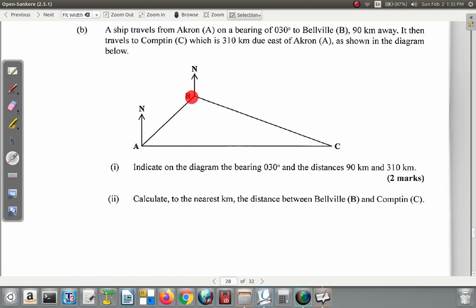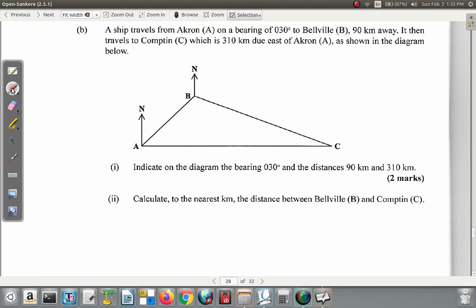It then travels to Compton, C, which is 310 kilometers due east of Akron. So it's east of Akron.